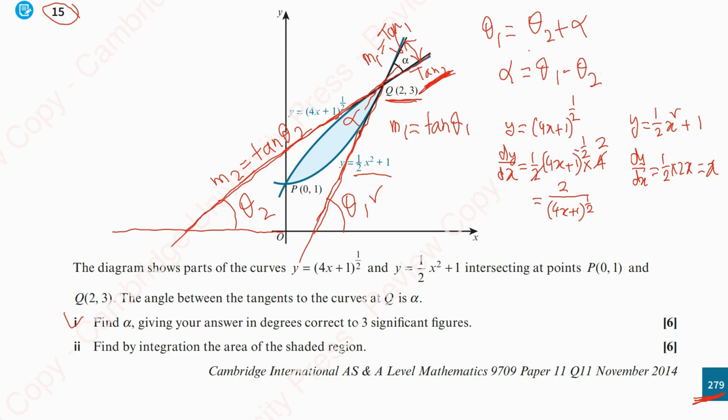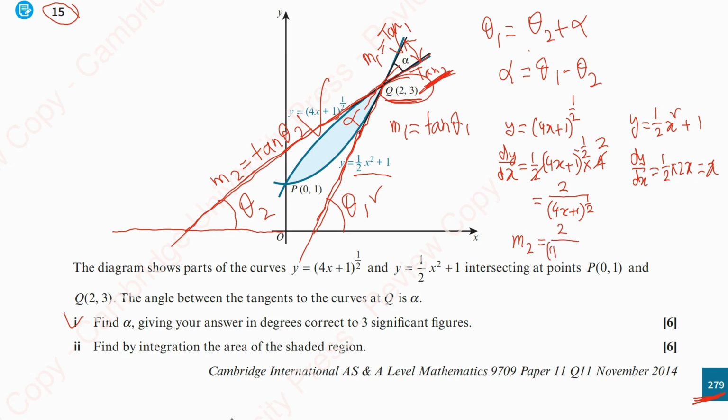So what is our m2 now? m2 is the gradient of the first line. This is the first one, tangent 2 we can say, which I defined with m2. We are going to put the x value 2 here, when x equals 2.